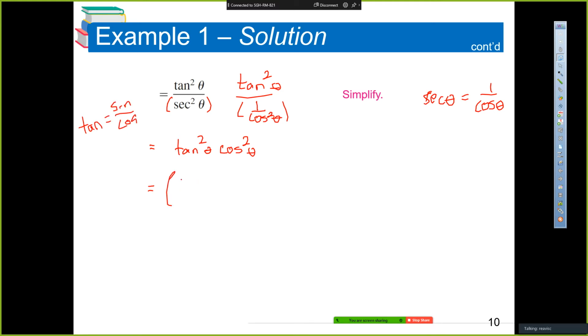What I'm going to have is sine squared of theta over cosine squared of theta times cosine squared of theta, which is there. And then if you'll notice, if I put cosine squared of theta over 1, cosine squared of theta cancels, and I end up with sine squared of theta, which is what they were wanting me to look for.